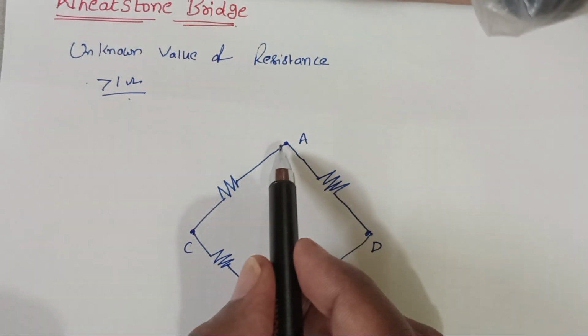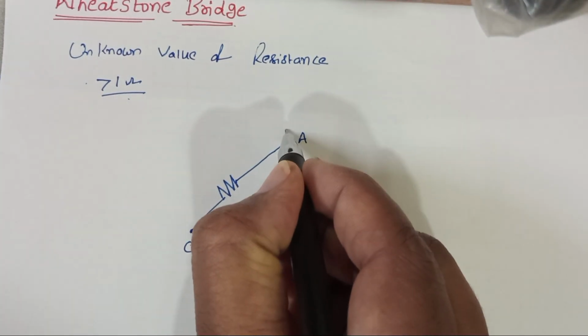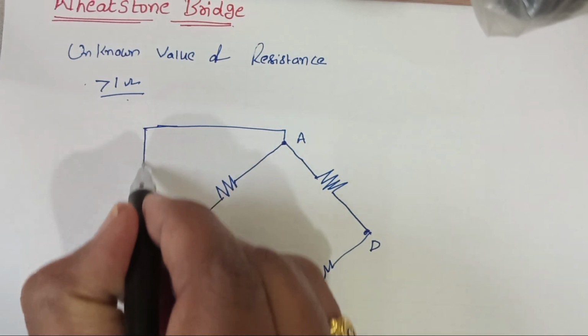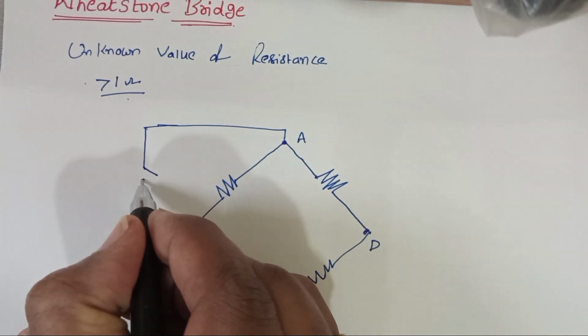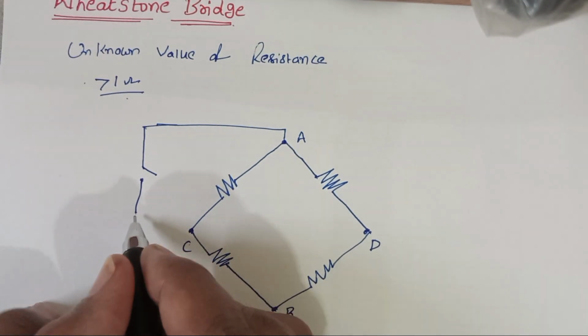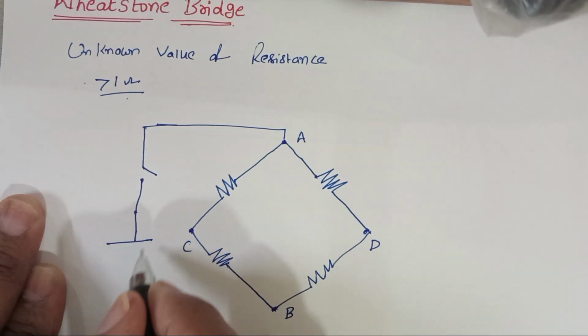Between the terminals A and B, we have one switch as well as a DC source.